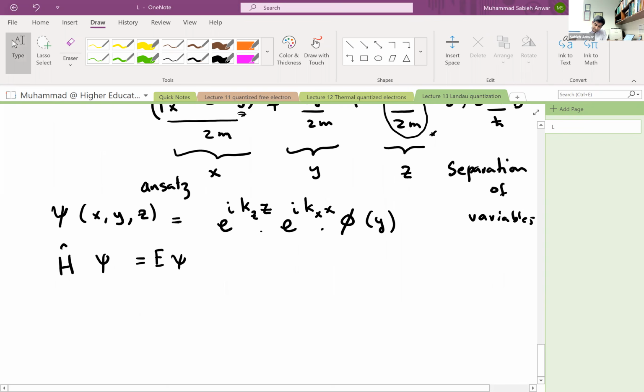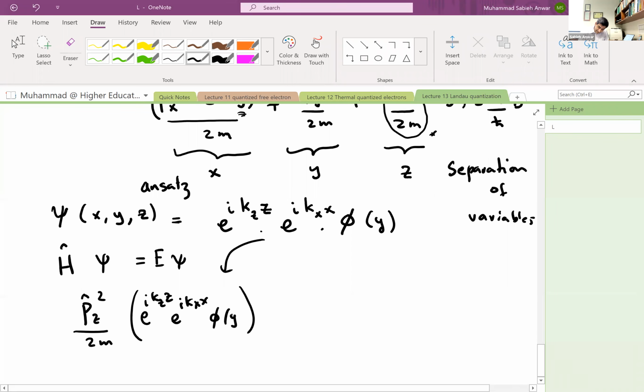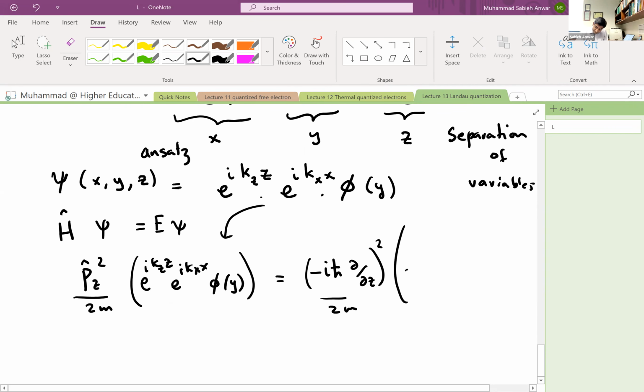So if I look at the third term, pz squared over 2m, and I look at this trial solution, e^(i kz z) e^(i kx x) phi(y), I know that my pz is minus i h bar partial z, so pz squared over 2m is minus h bar squared partial z squared over 2m, and all of this acts on e^(i kz z) e^(i kx x) phi(y).